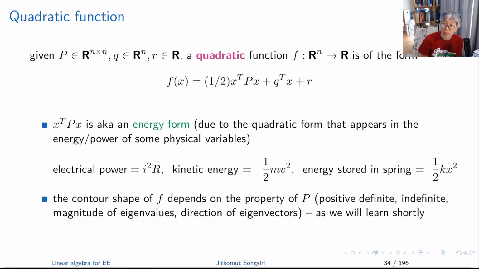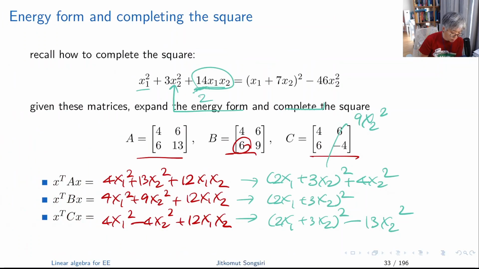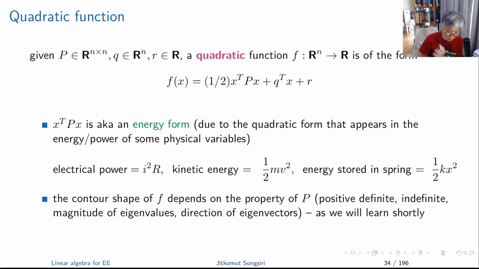Next, when we get familiar with the energy form, now we can talk about the quadratic function. In scalar, y equals 3x squared minus 7x is an example of a quadratic function in a scalar variable x.